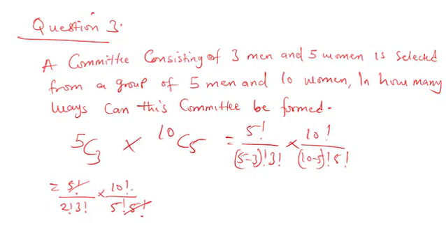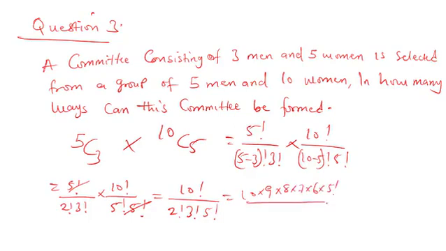So we now have 10 factorial over 2 factorial, 3 factorial, and 5 factorial. So we now have 10 times 9 times 8 times 7 times 6 times 5 factorial over 2 factorial times 3 factorial times 5 factorial. So this goes with this, and 3 factorial is 6, goes with this too.